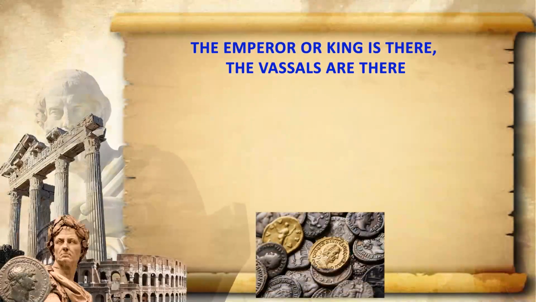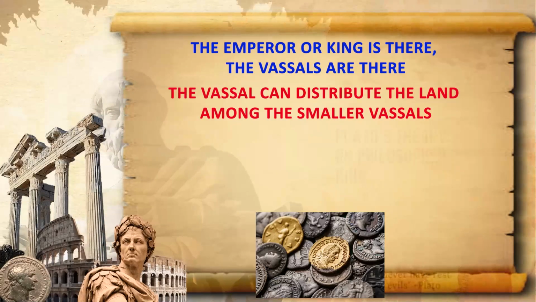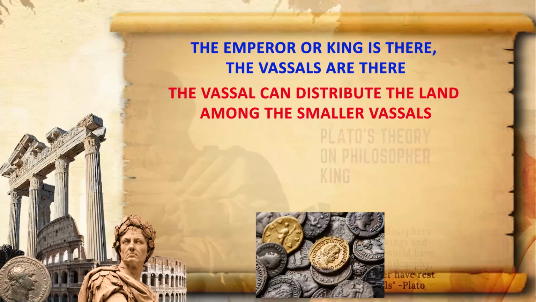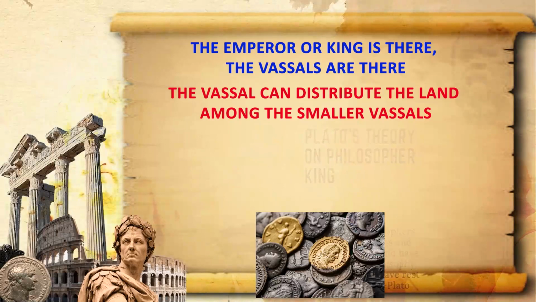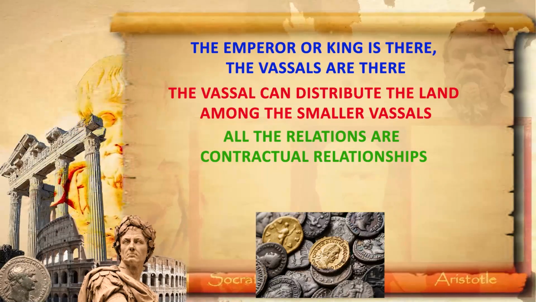Again, these vassals can distribute their land among the small vassals. So different authorities are created at different levels. Emperor or king is there, the vassal is there. Again, the vassal can distribute the land among the small vassals. All the relationships are contractual relationships.